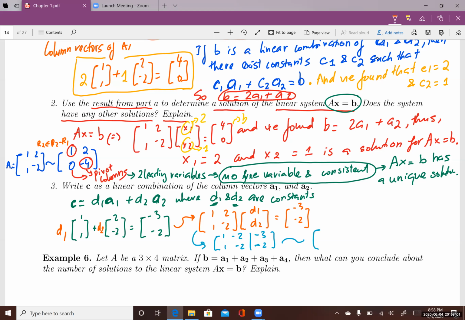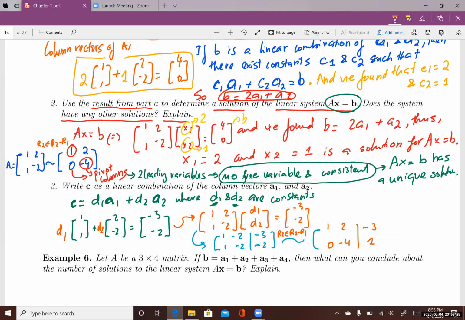So I would just copy what I did up here. 1, 2, 0, -4. But now I need to incorporate this vector C here. And it were R2 minus R1. So -2 minus -3. So -2 plus 3, which is 1.